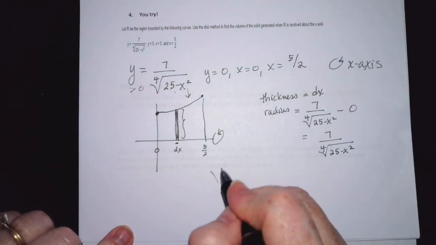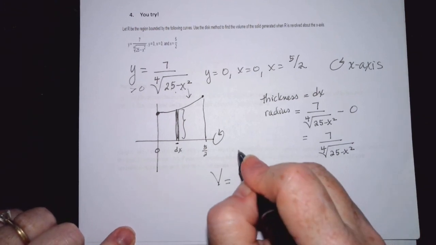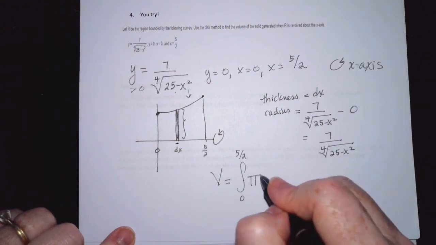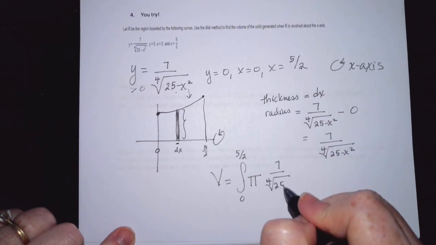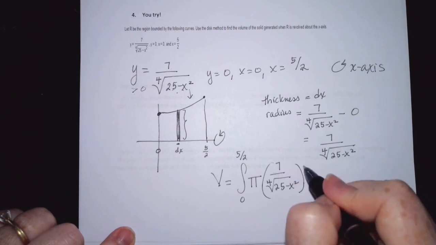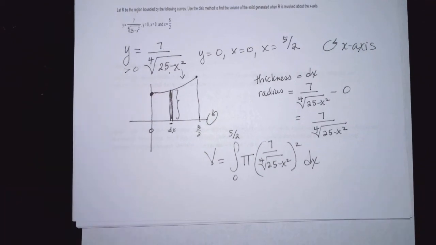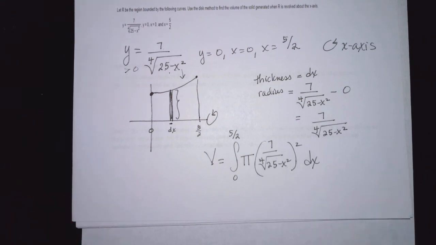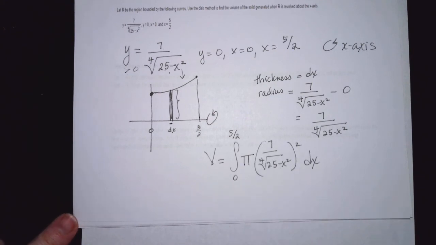So when we go to set up the volume, did you get that it would be the integral from 0 to 5 halves of pi times the radius squared times the thickness? Yay! Excellent. Now, just be aware, this one is not as terrible an integral as you might think at first. If you square that, when you square a 4th root, you get a square root.